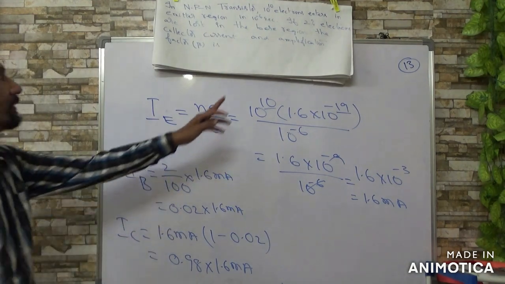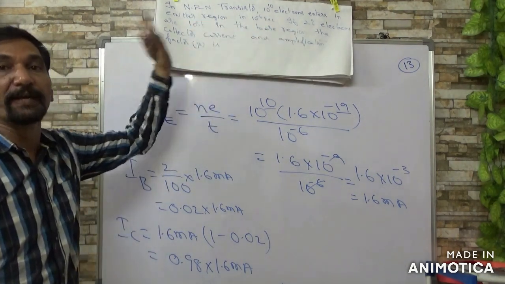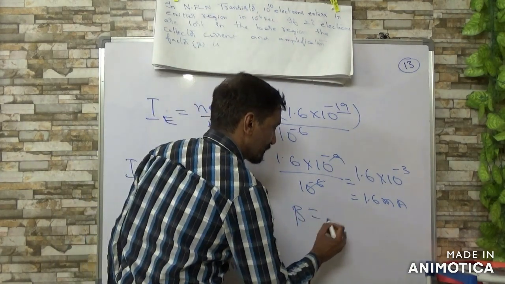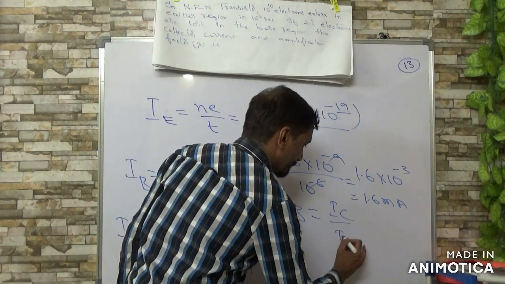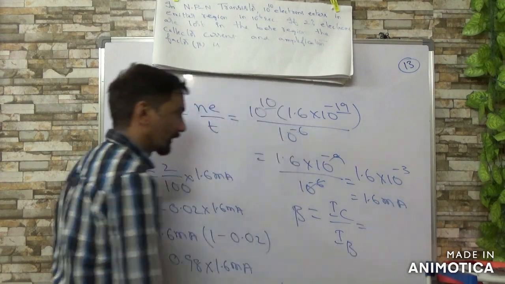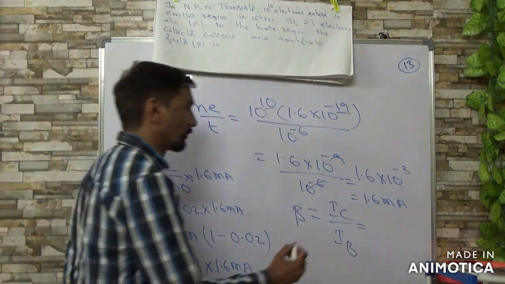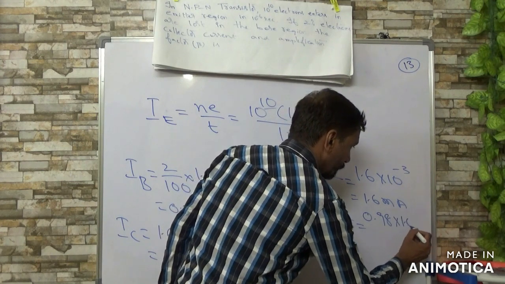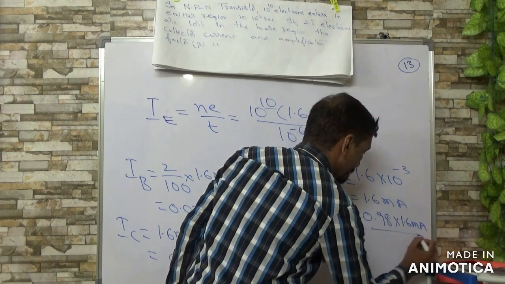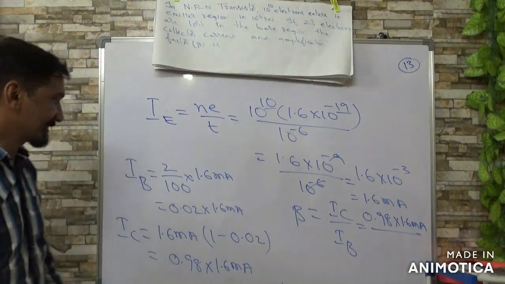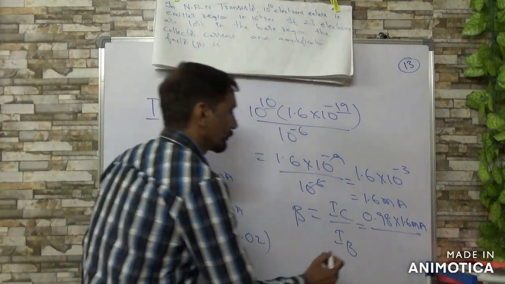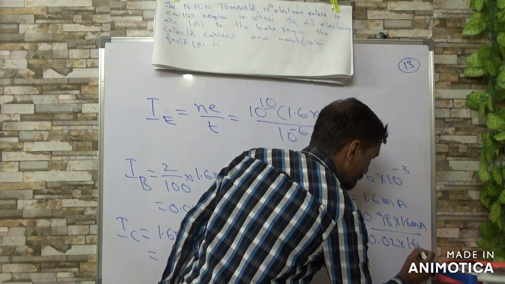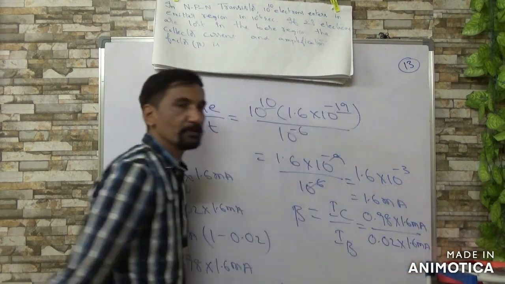So you want to find amplification factor beta. So that is, beta is always greater than 1, na. So collector by base. Okay, so collector 0.98 into 1.6 milliamp by base 0.02 into 1.6 milliamp.